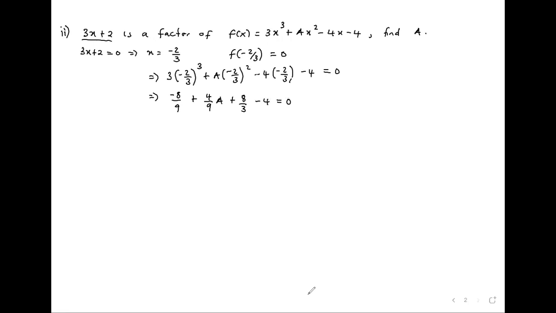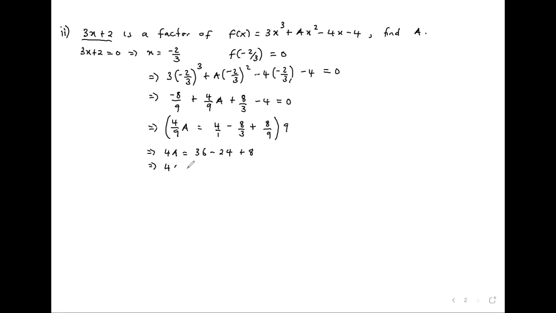Then we take these other numbers to the other side and only leave 4 over 9 a on the left. So we'll have 4 minus 8 over 3 plus 8 over 9 with common denominator 9, or we can just multiply throughout by 9 so that we get 4a is equal to 4 by 9 is 36, minus 8 by 3 is 24, and then plus 8.